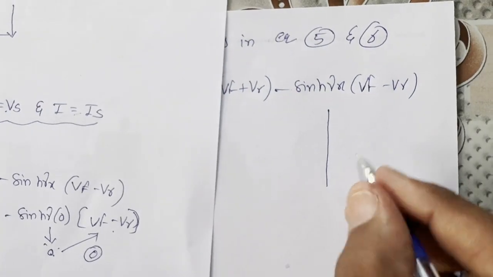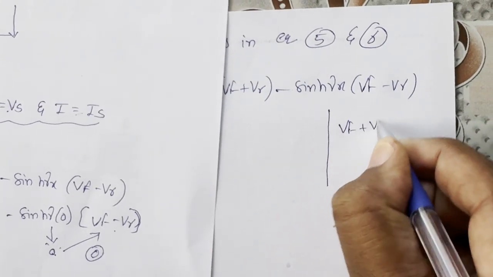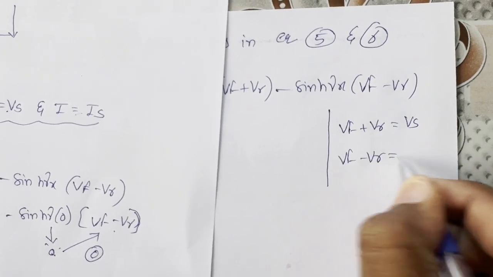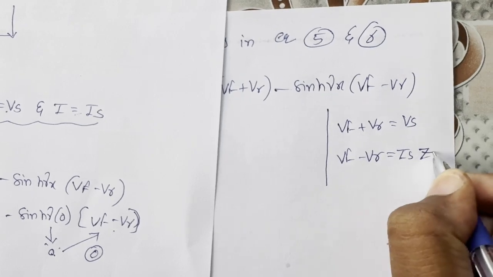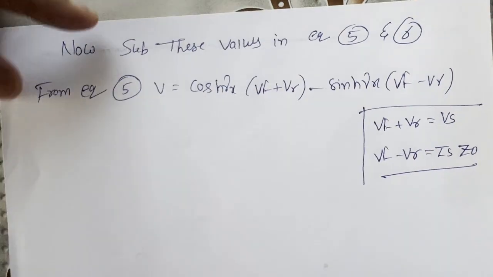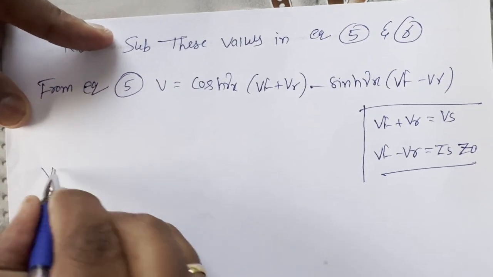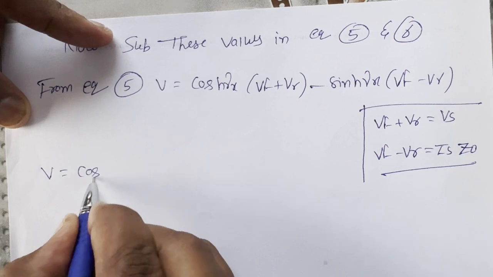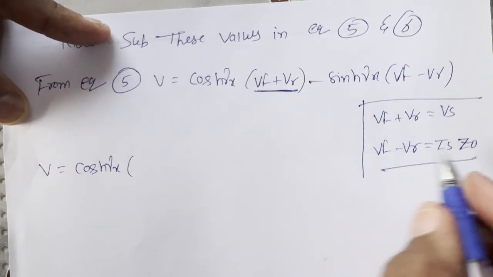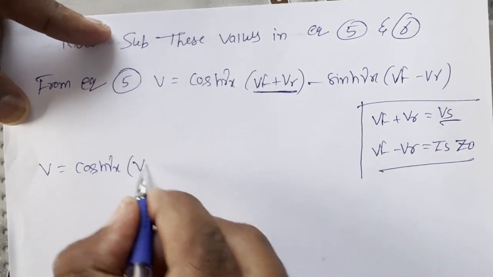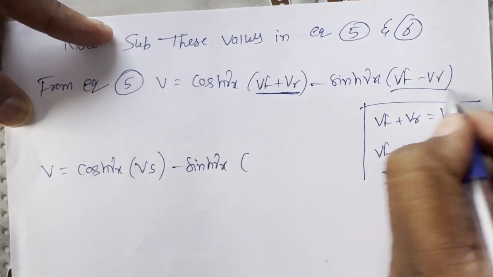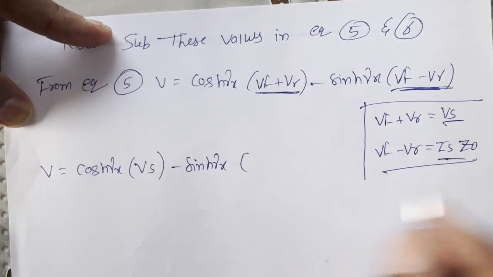Now I am substituting these two values. Finally, V equal to cosh gamma x into Vs minus sinh gamma x into Is Z0.